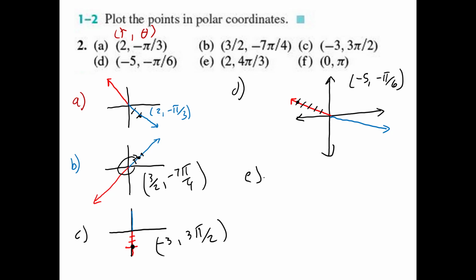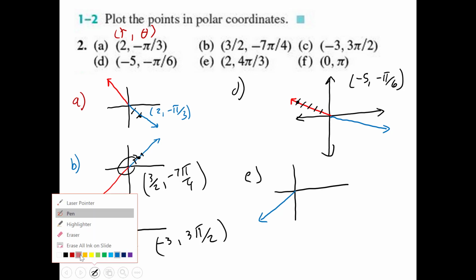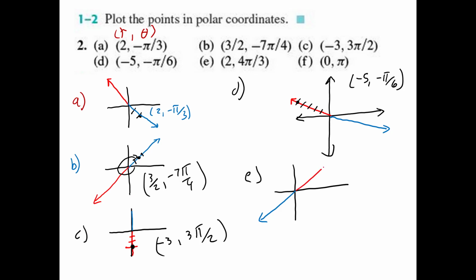For E, you have the angle 4 pi over 3. 4/3 is 1/3 more than 1. 1 is pi. Pi is right there. So then your positive x-axis ends up being over here with a reference angle of 60 degrees. Your negative x-axis ends up being over here.